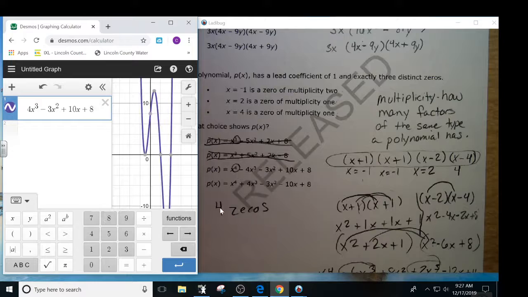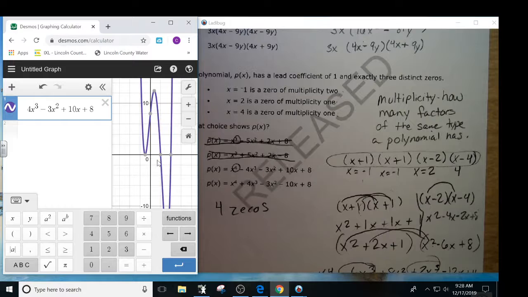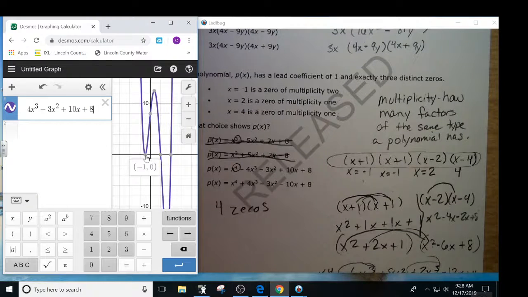If I graph this, now guys, remember, this thing has 4 zeros, but now, how many zeros of negative 1 did I have? You had 2. There's 2 of them right there. X equals 2 and x equals 4. That would tell you guys that this would be the answer, C.